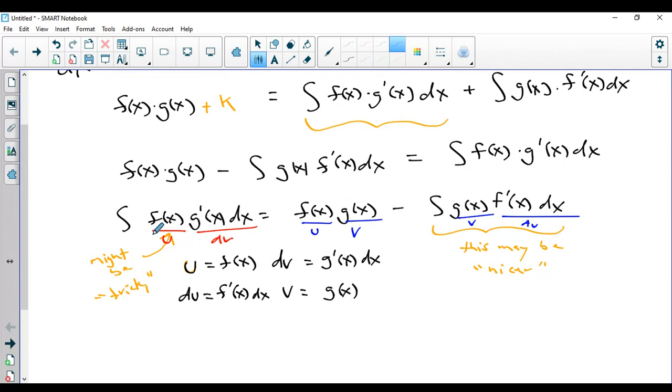So a lot of times, instead of using f's and g's and of x's and primes of x's, what you'll see in most calculus textbooks is that if you have the integral of u dv, it's equal to uv minus the integral of v du. All right. And that, my friends, is the formula for integration by parts.